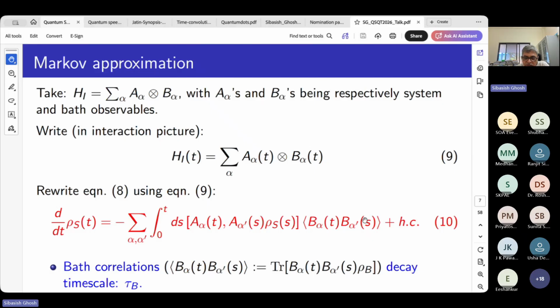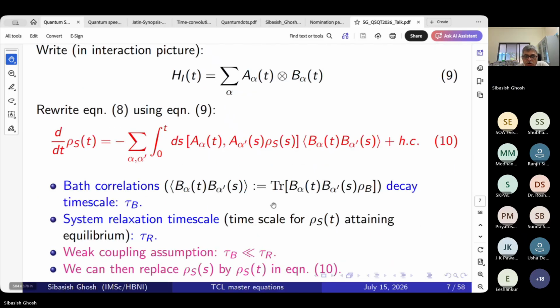This is the bath correlation function, the 2-time correlation function of B alpha t and B alpha prime s, taken with respect to the bath's initial state. According to the Born approximation, that initial state does not change because you assume that the bath degrees of freedom are huge compared to the system's degrees of freedom. So equation 10 is what you get after using this form of H_I(t) and the Born approximation.